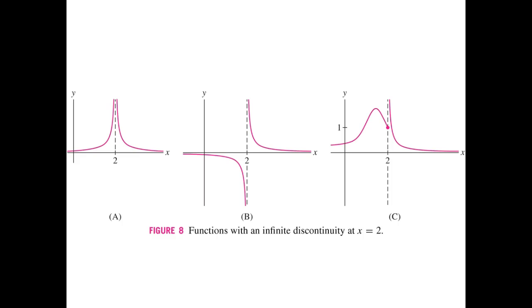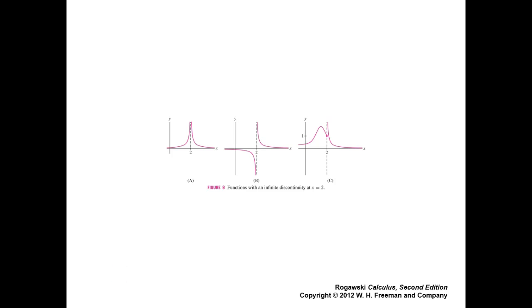Okay. Now, you don't need to know this, but just to give you an example, I don't know for sure this is this one, but it certainly could be f of x equals 1 over (x minus 2) squared. That could be that function here. As x approaches 2 from the left, that's always positive.